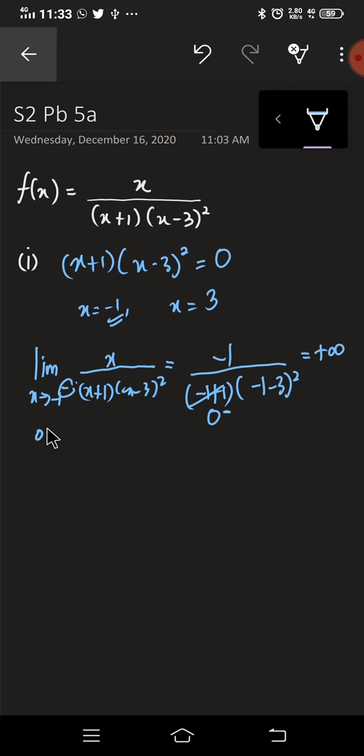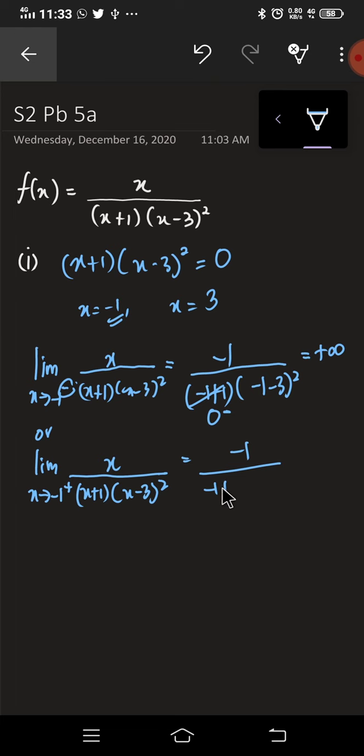Or you can also show the limit of x over (x + 1)(x - 3)² as x approaches -1 from the right side. So what do we get? -1 divided by (-1 + 1)(-1 - 3)². This is 0, but because it is from the right side, let's say -0.9, 1 - 0.9 will be a positive value. So this is 0 positive.